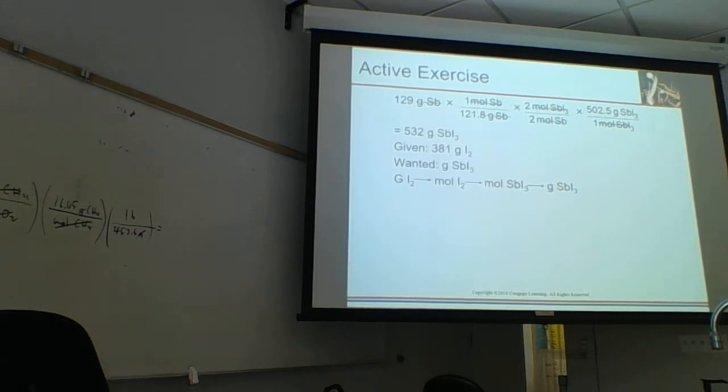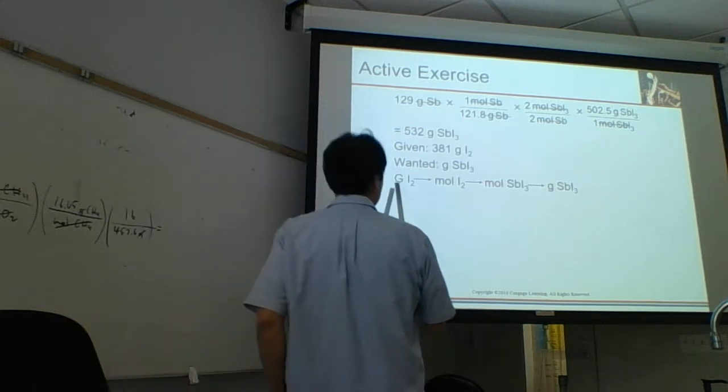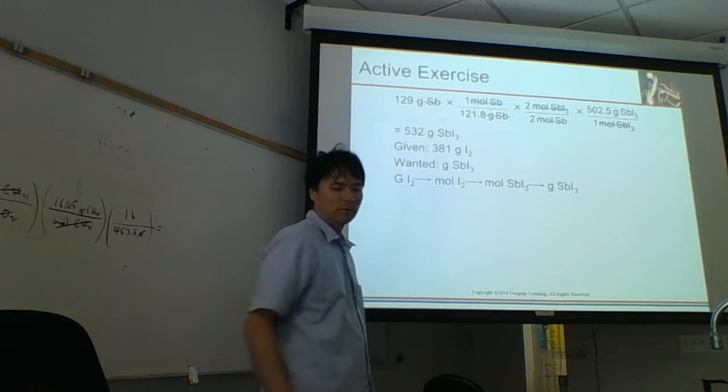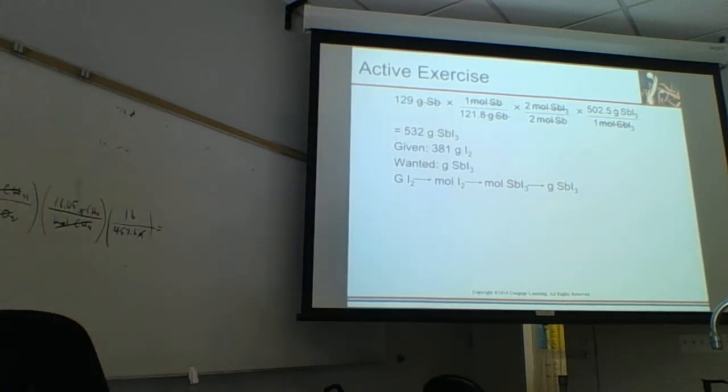And so we're going to go from grams of I2 to moles of I2, moles of I2 to moles of SbI3, moles of SbI3 to grams of SbI3. So just a gram to mole, grams of A to moles of A, moles of A to moles of B, moles of B to grams of B. So the molar masses.